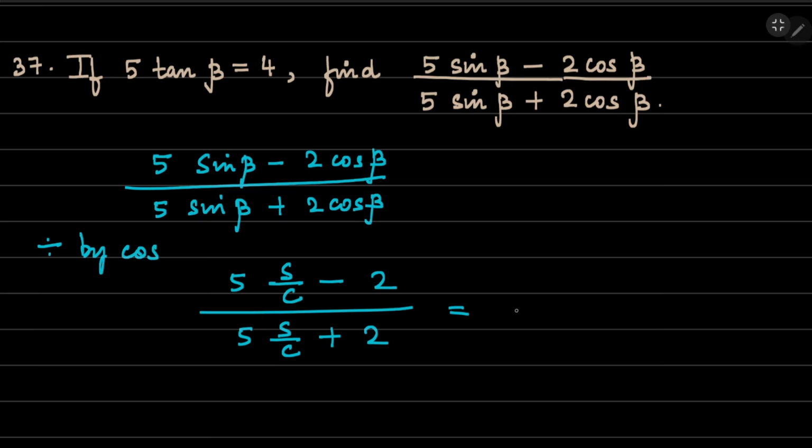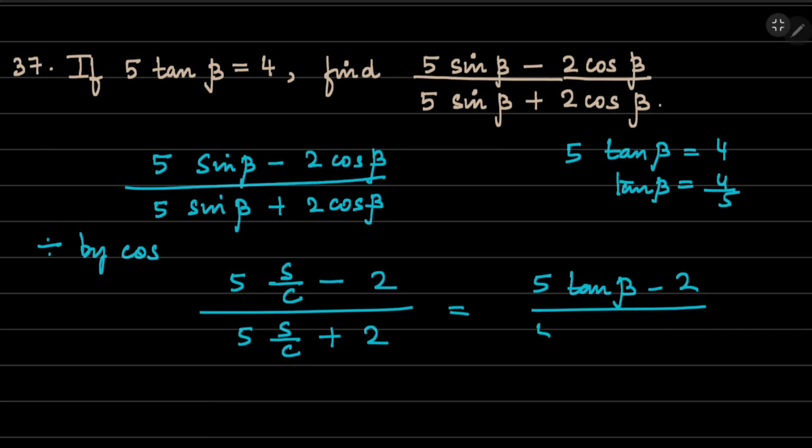So what is sine by cos? It is tan, isn't it? So we are given 5 tan beta equal to 4. So what is tan beta? Is nothing but 4 by 5. So 5 sine by cos is tan beta minus 2 divided by 5 tan beta plus 2.